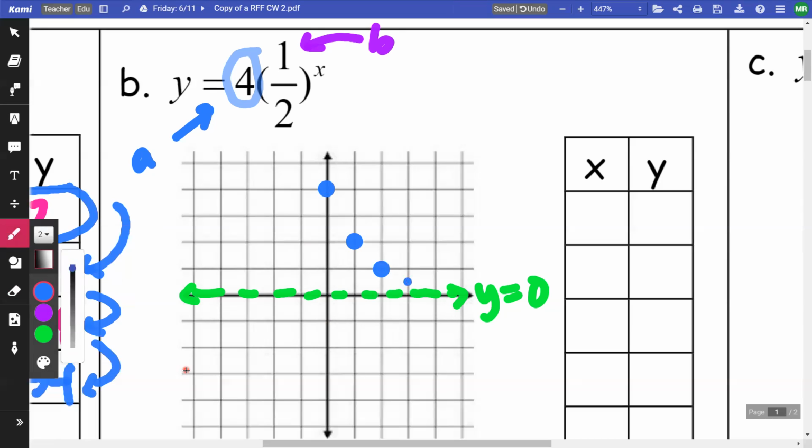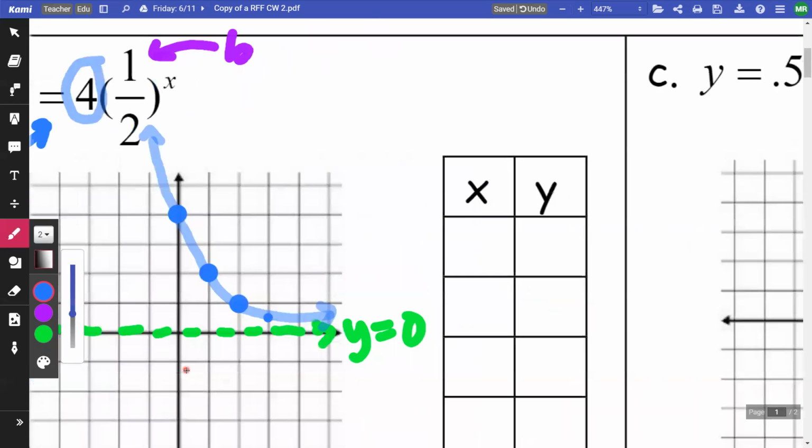And so then I'm going to connect this and get a decreasing exponential graph. Again, you can always make a table if you prefer.